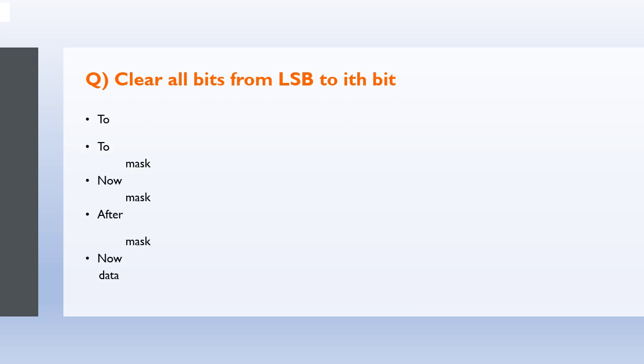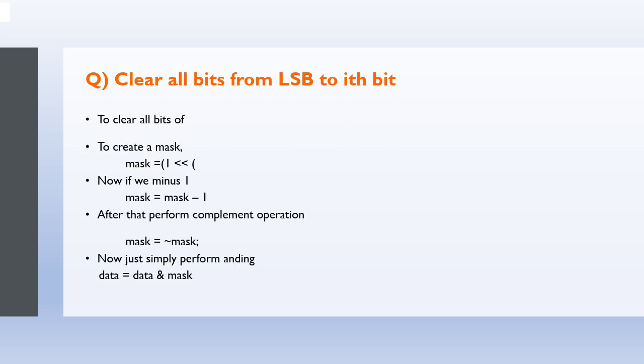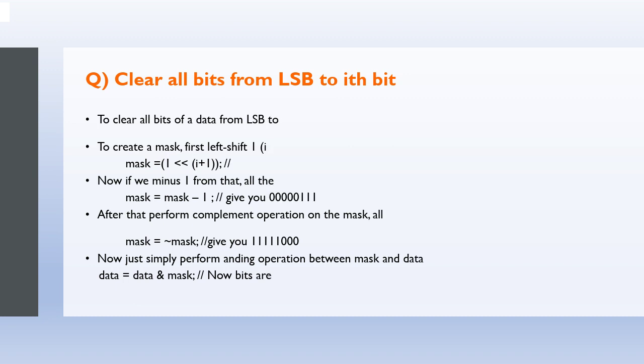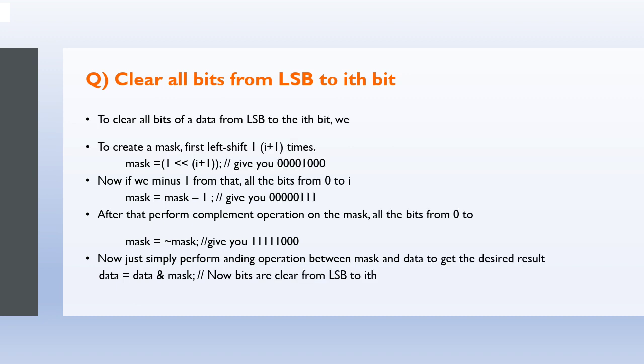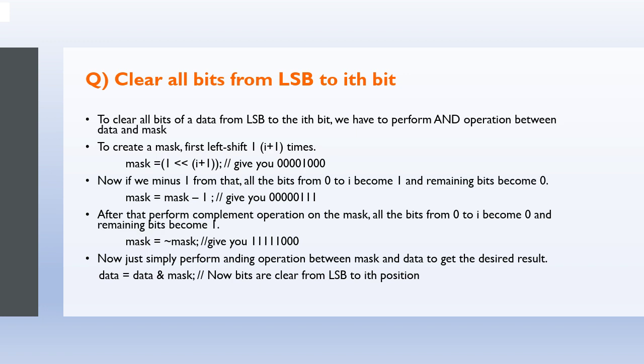So let's think about what we just saw for MSB. How would we do the same with an LSB to the ith position? To clear it, the concept is the same. To create a mask you have to left shift 1, but here by i plus 1, which will result in some value like this. If my value is 2, and we have 0 0 0 1 0 0 0, then mask equal to mask minus 1.